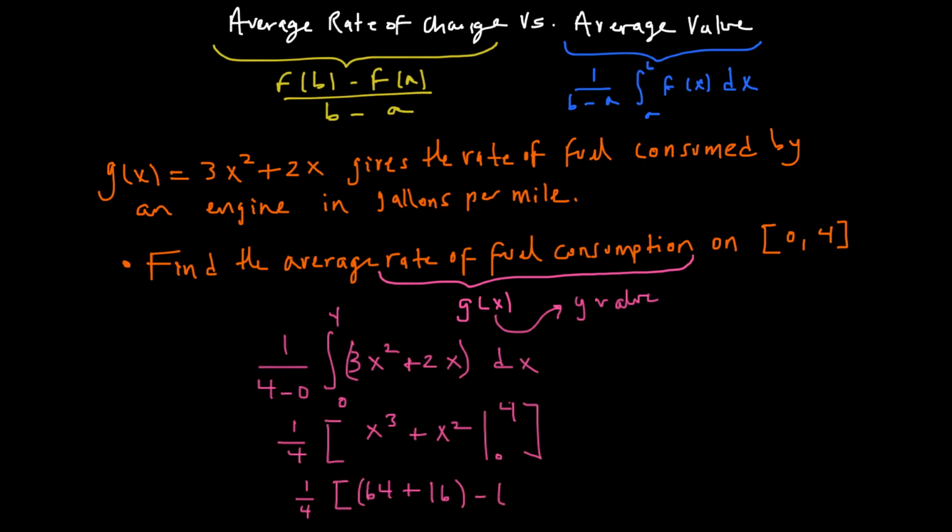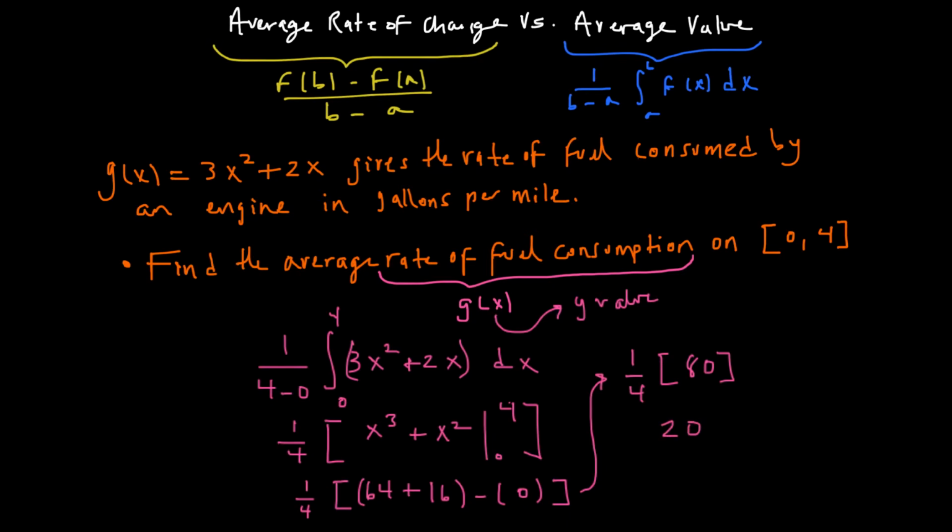When you replace 0 for the lower limit, you're going to get 0 on both of those. And so we have 1/4 times 64 plus 16, which is 80. And 80 divided by 4 is 20.